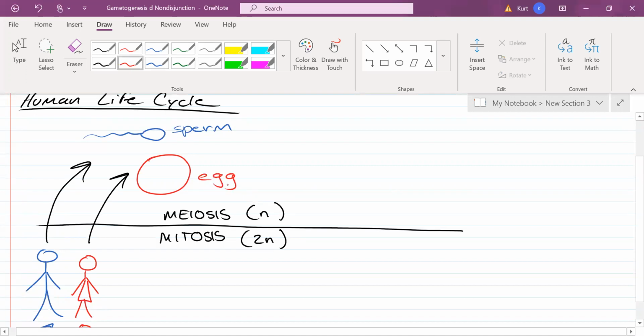These are the only haploid cells in our entire body. These are the only cells that are formed by the process of meiosis in our entire body. You have between 200 and 250 different types of cells. This is the only one that's haploid, and this is the only one that's made by meiosis. And that pretty much does it for the top half of this diagram.